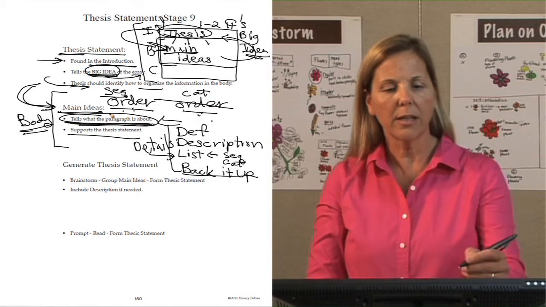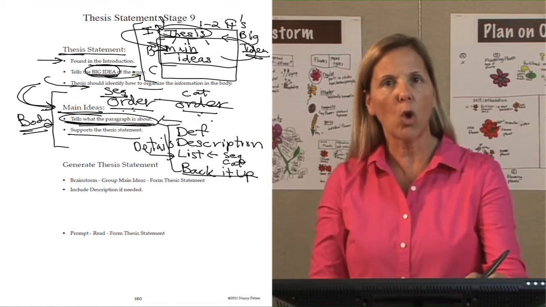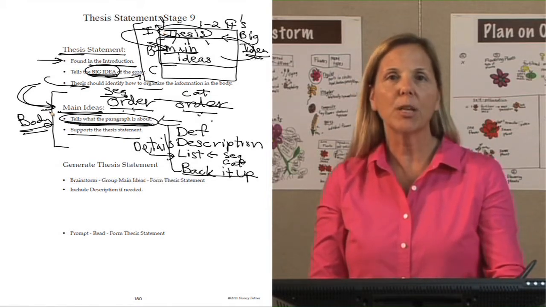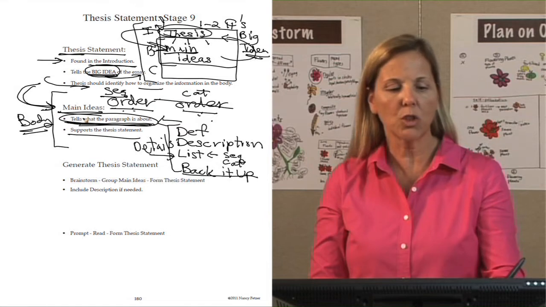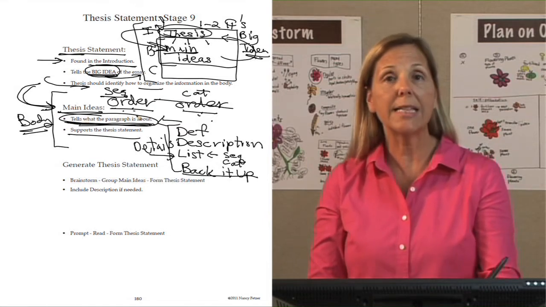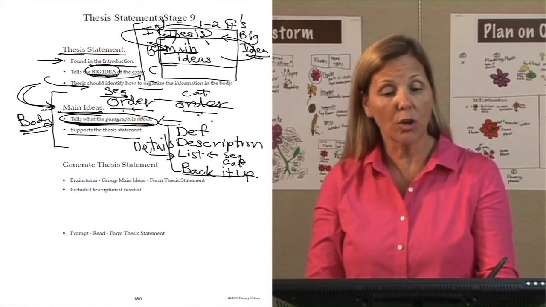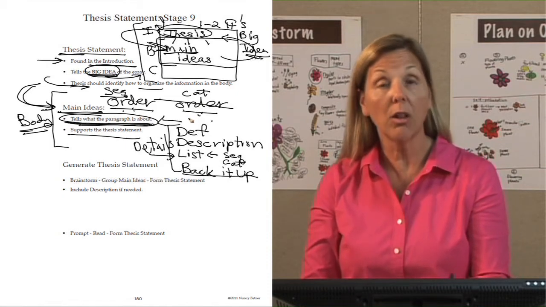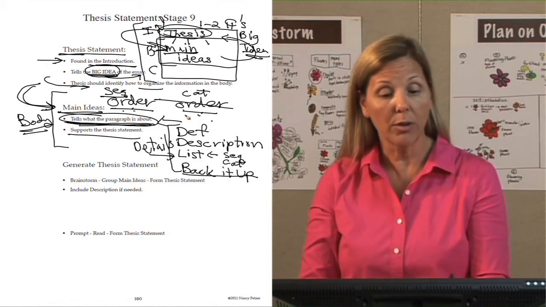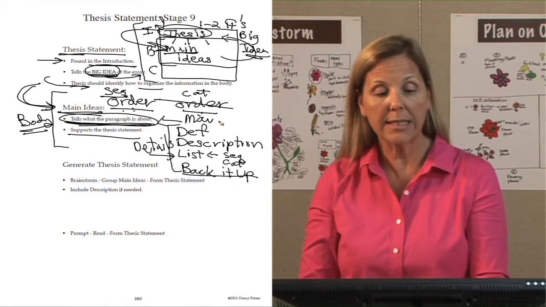So look at that. We have a thesis statement about the whole essay. Then we have in the body main idea paragraphs. We have to start off with that main idea sentence that starts each paragraph. That's going to tell what that paragraph is about. So we're going to have to look at the main idea sentence.